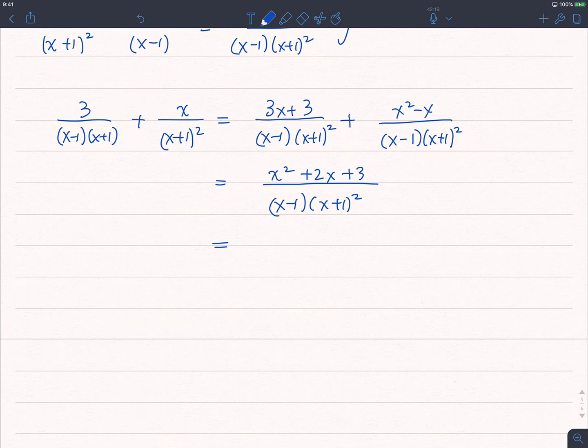So let's check. So the factors of 3 are, well, 3 and 1, or negative 1, negative 3, and neither of those pairs add up to positive 2. So we're done. We can't factor the numerator.